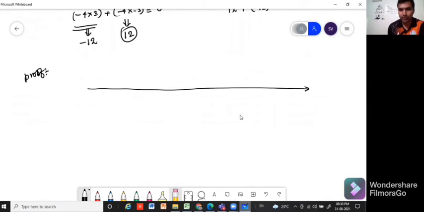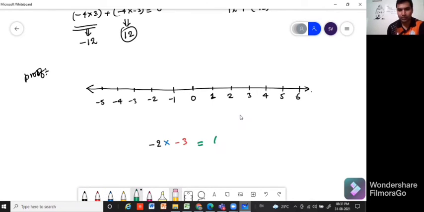So let's say this is a number line. Here we mark 0. Here we have positive numbers 1, 2, 3, 4, 5, 6. Here we have negative 1, negative 2, negative 3, negative 4, negative 5, and so on and so forth. So now when I say negative 2 multiplied by negative 3, this is equal to 6, but why?